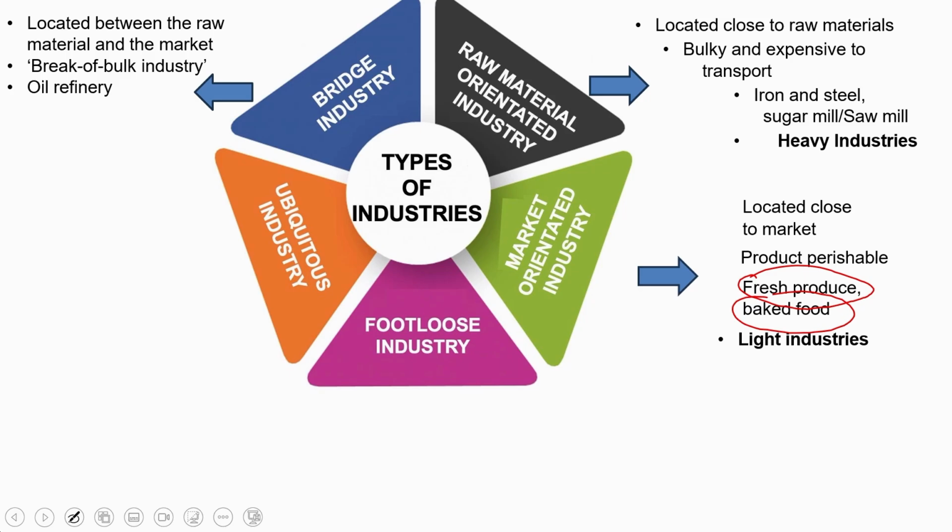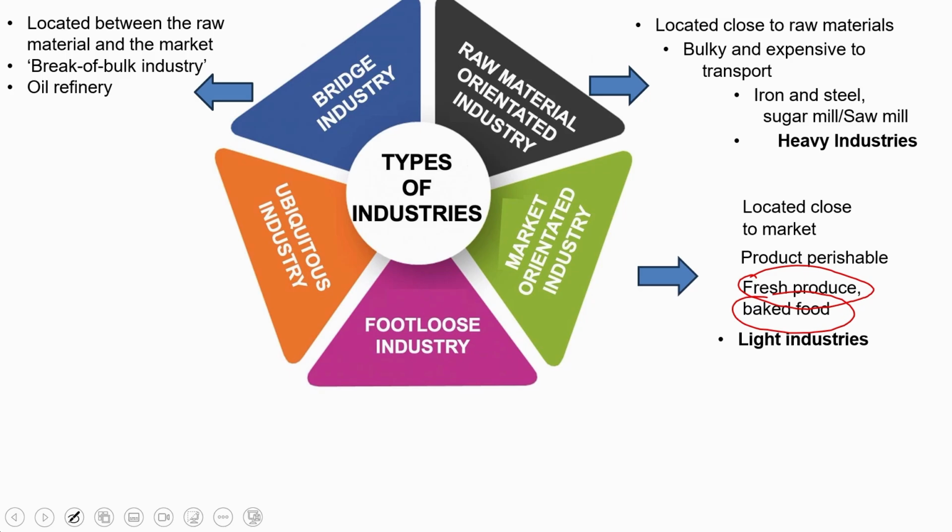For example, the oil refinery, where oil comes in as crude oil, it is processed, and then the products from that are loaded onto trucks, and then they are transported to the various areas where the products are needed the most. So the oil refinery becomes a very good example of the break of bulk industry or a bridge industry, bridge between the raw material and the market, okay?